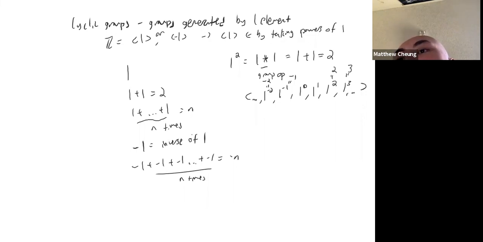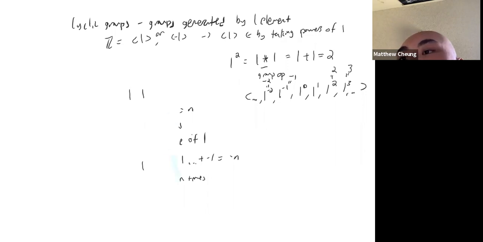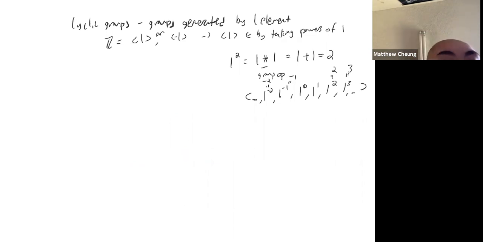When your group is generated by one element, it's called cyclic. Okay, do you all see that? Yes or no? Hopefully you all see that Z mod nZ is cyclic.